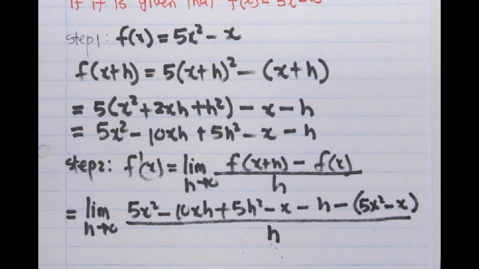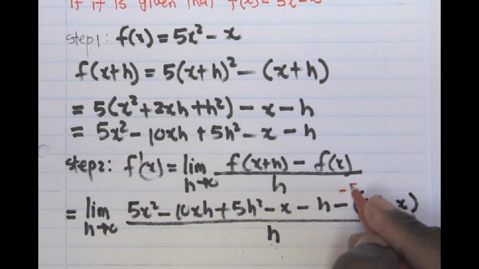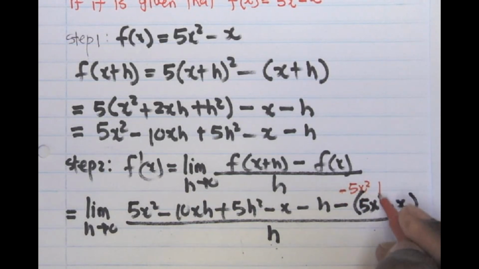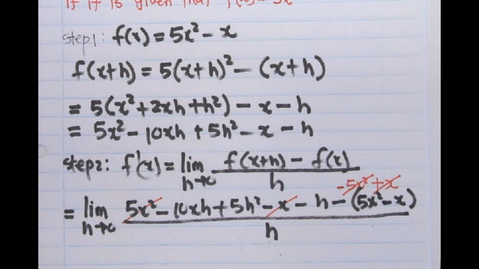And again, when I look at this section here, this part here is going to give me minus 5x squared. And then that part is going to give me plus x, of which this 5x squared and this 5x squared are going to cancel out. Minus x and plus x, they are going to cancel out. Then I write down what I'm left with in the next step.